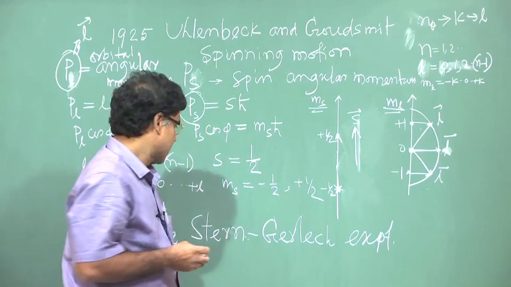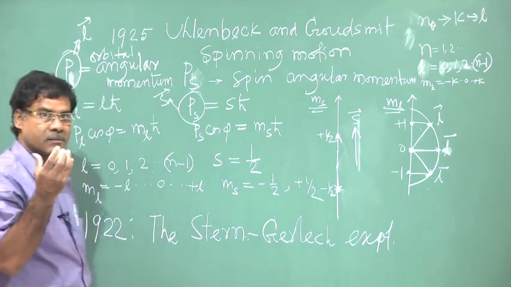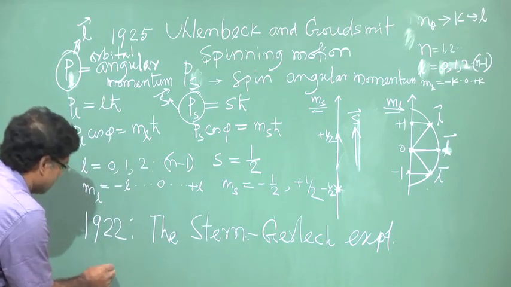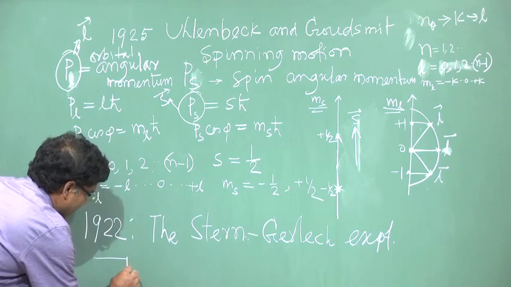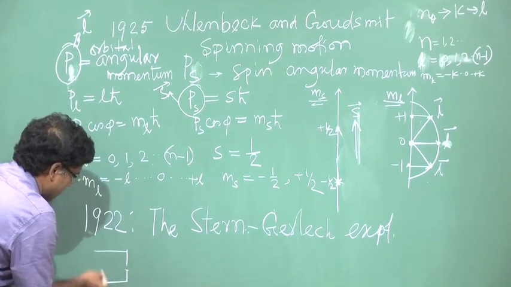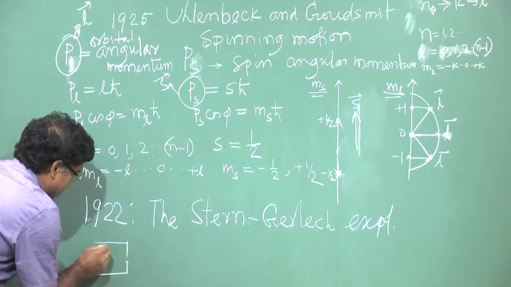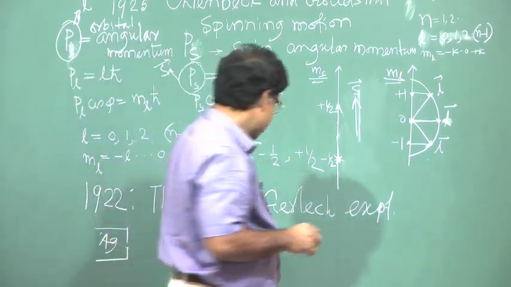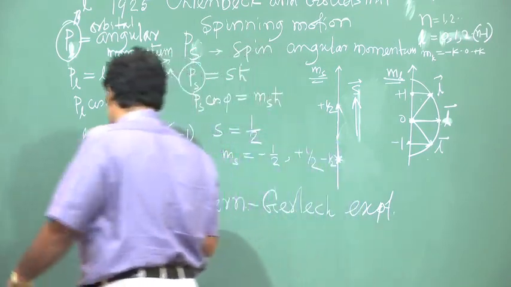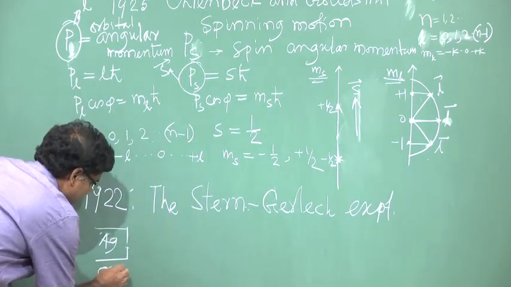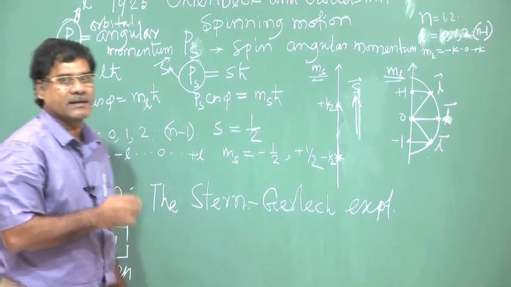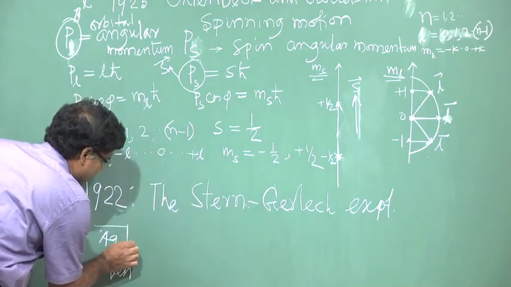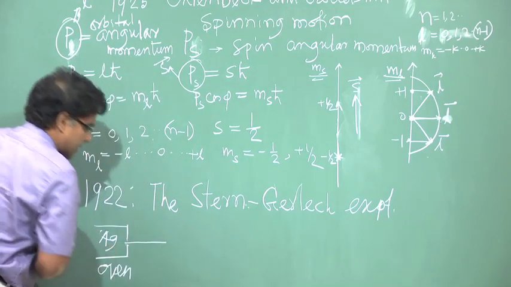So, in this experiment the silver atom was taken. There was an oven, where silver metal was taken and heated, and from here silver atoms were coming out as a vapor.